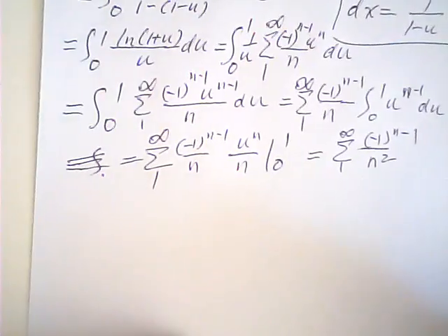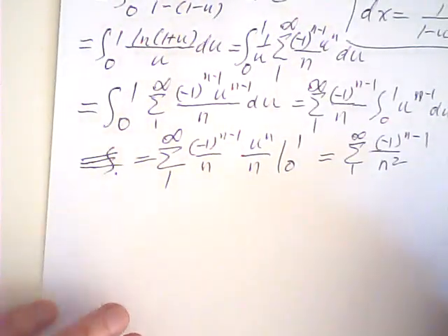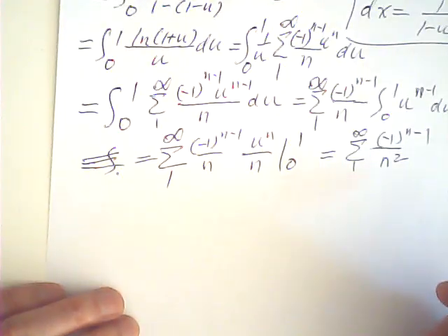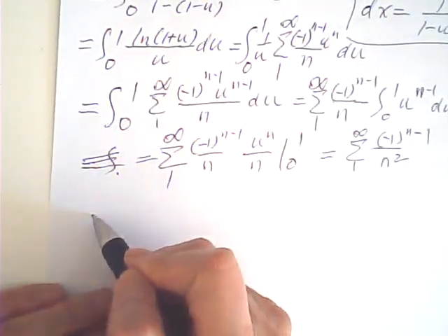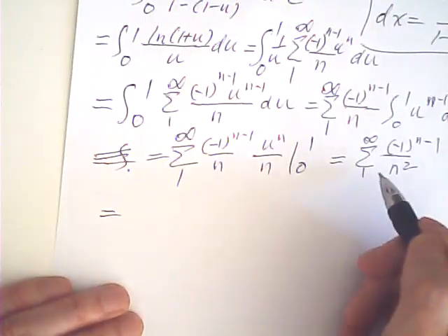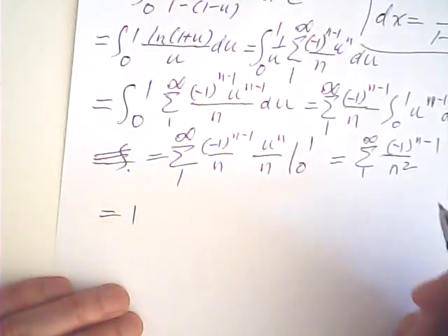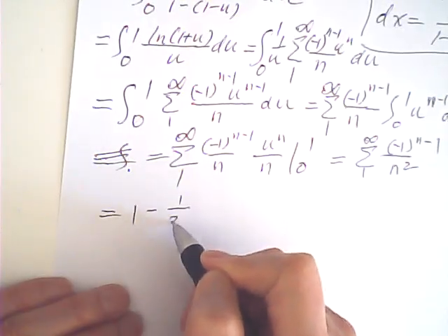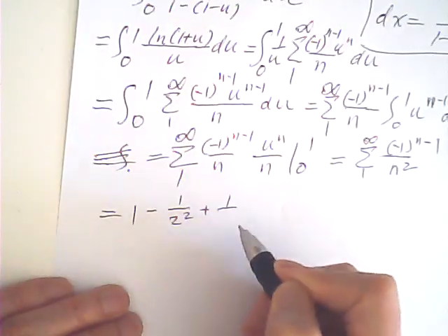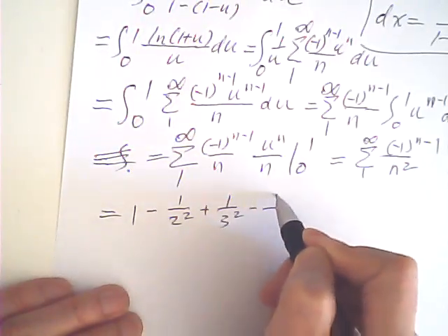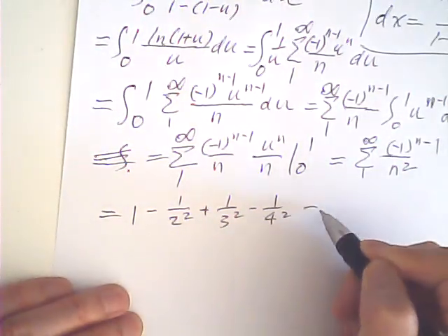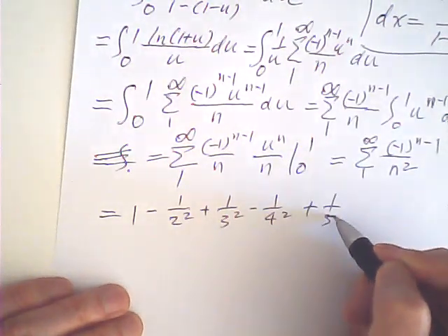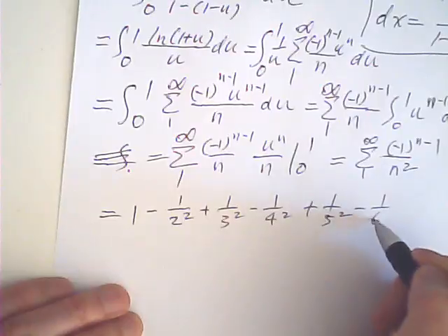Okay, what is this? Well, that one is alternating. Now, let me write it. When n equals 1, it's 1. n equals 2 is negative 1 over 2 squared, then positive, then negative, then positive, then negative, and so on.